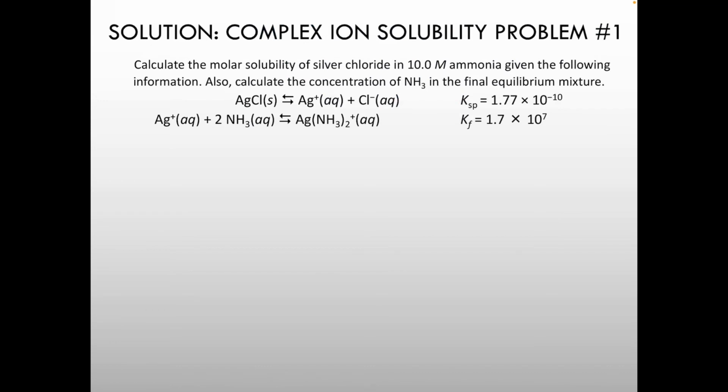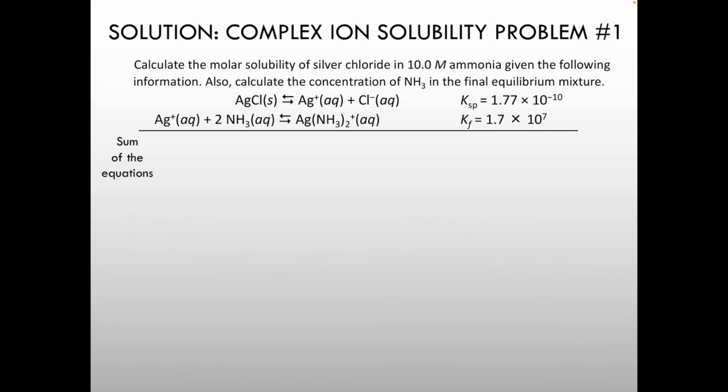So we have two different reactions going on: our Ksp reaction for the precipitation of our solid, and our Kf equation for the formation of our complex ion. When we have two reactions going on at once, we call them a coupled equilibrium, okay? And we need to find a K value for this overall reaction.